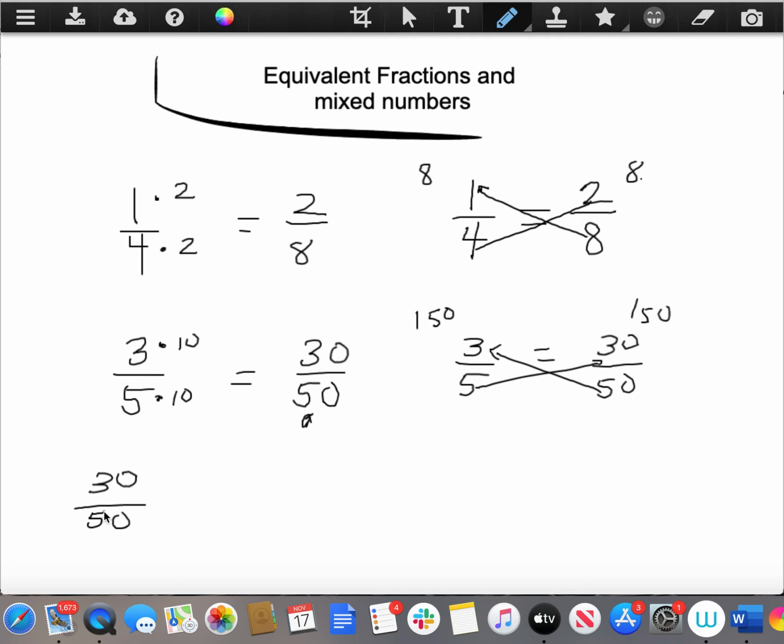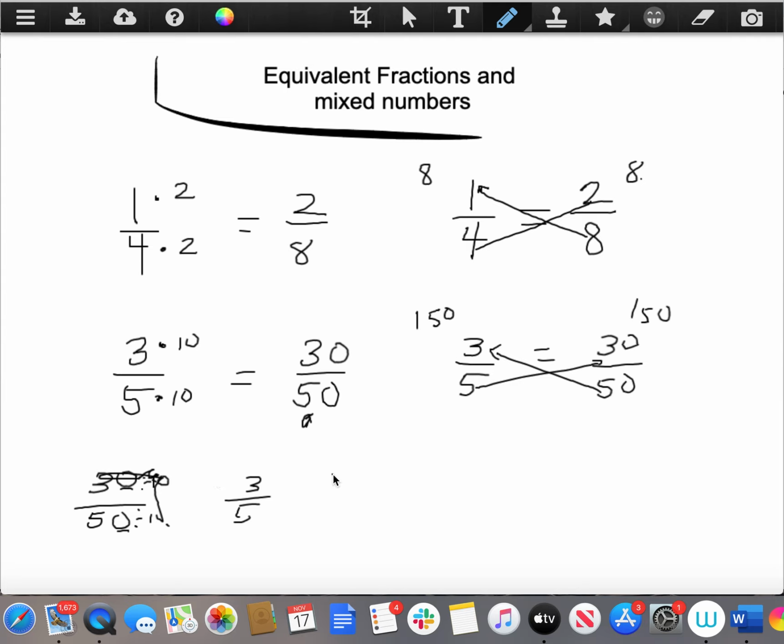If they have a greatest common factor or any common factor between them, we can simplify it and make an equivalent fraction. So they both end in 0, so we know we can divide by 10, top and bottom. 10 goes into 30 3 times, and 10 goes into 50 5 times.